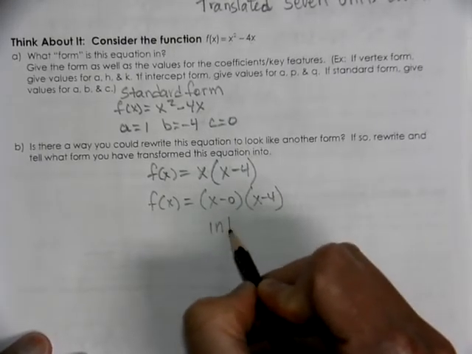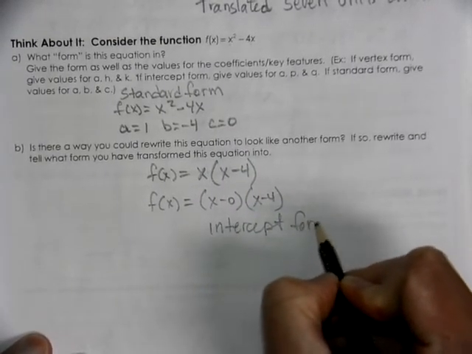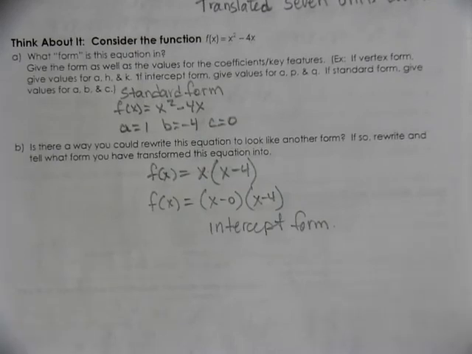This would be intercept form. So sometimes you can convert things around. We'll talk more about turning standard form into intercept form. That's all the factoring units that we'll do in the future.